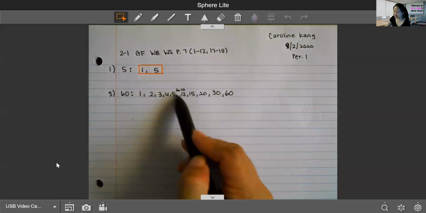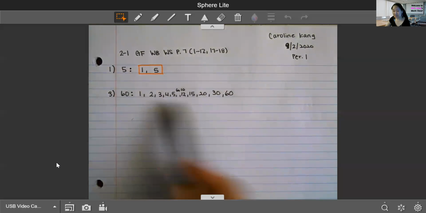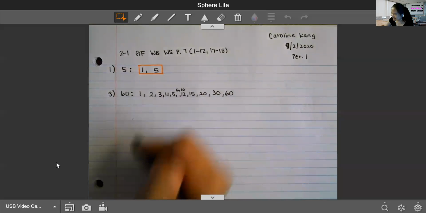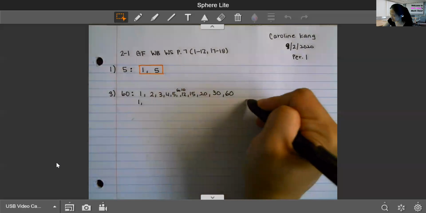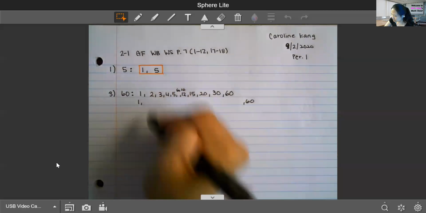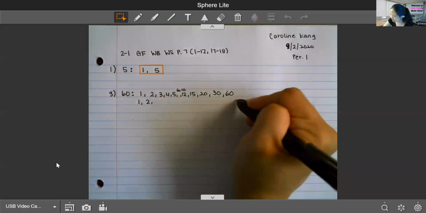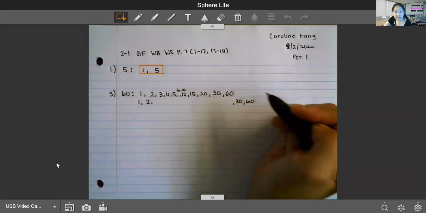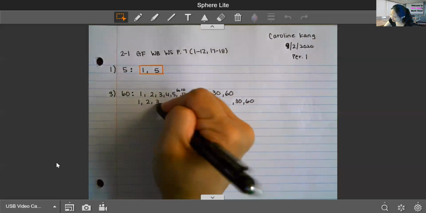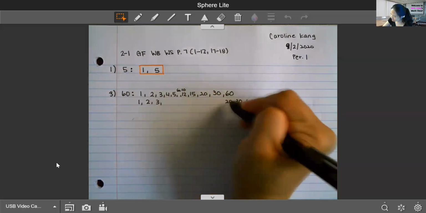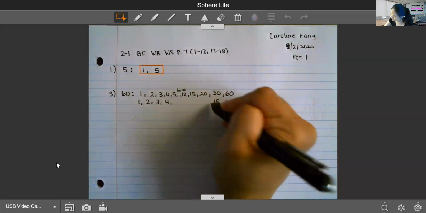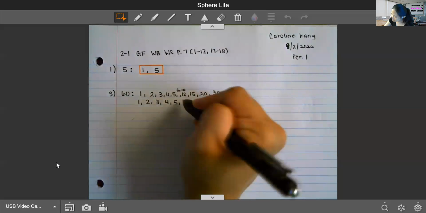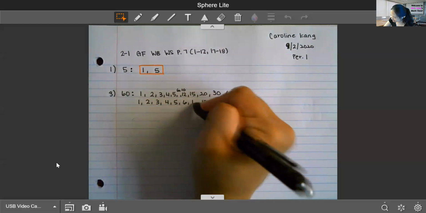You guys, I'm actually going to write this all over again because I just don't like running out of space. I thought I gave enough space, but I guess I didn't. So I'm going to just rewrite them. 1 and 60. That should be enough. 2 and 30, because 2 times 30 is 60. 3 and 20. 4 and 15. 5 and 12. 6 and 10.